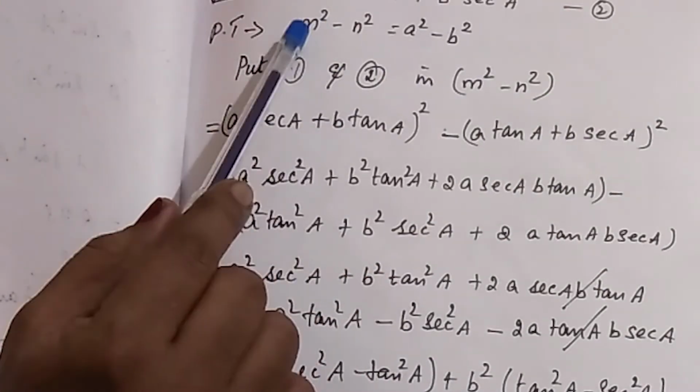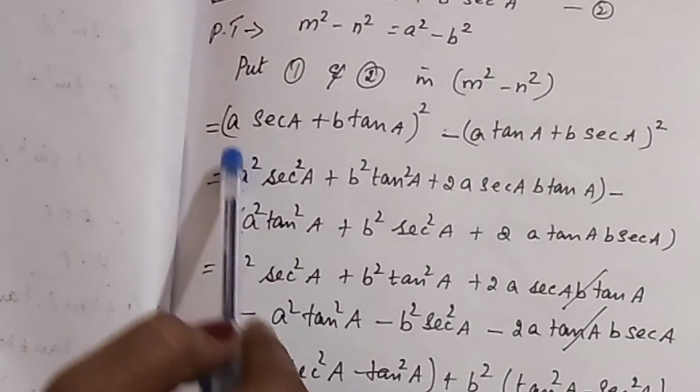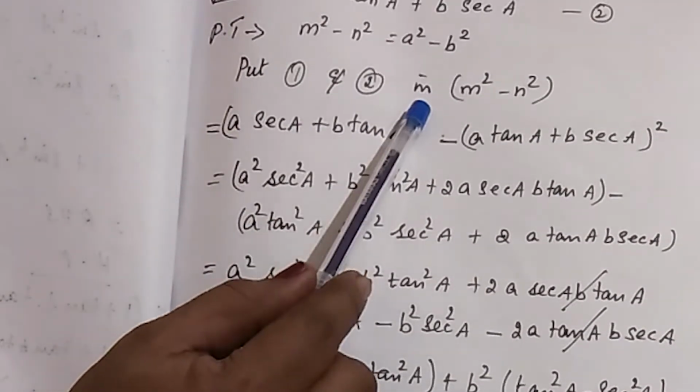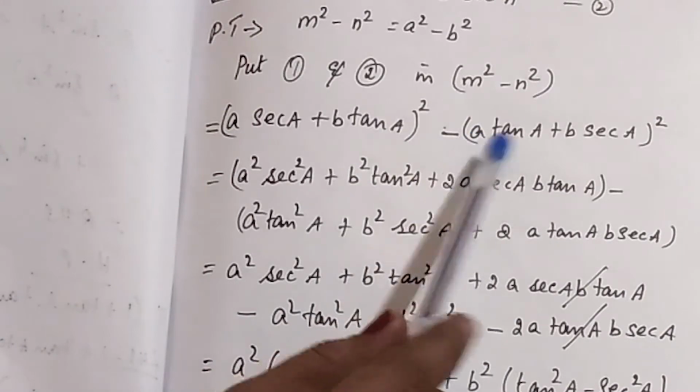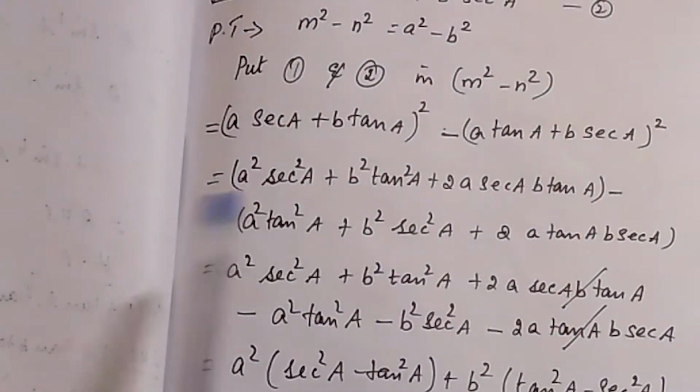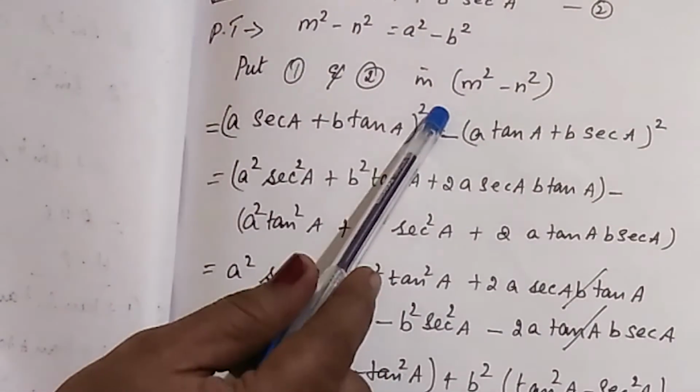Now write down in the place of m² and n²: (a sec A + b tan A)² − (a tan A + b sec A)². It is forming the identity (a + b)².